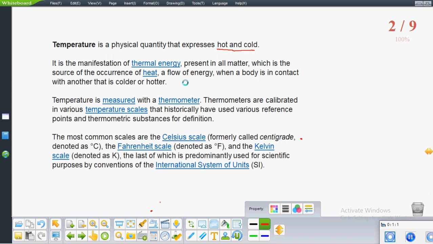For that we use a thermometer to calibrate that temperature, right? The thermometer has a Celsius scale, a Fahrenheit scale, and a Kelvin scale. So the basic objective of this video is to find the relation between these three scales, experimentally.